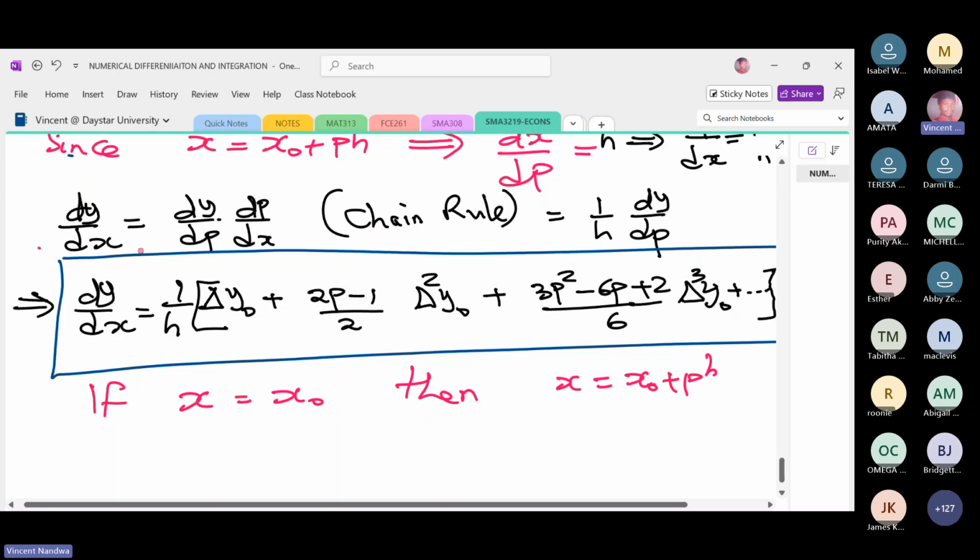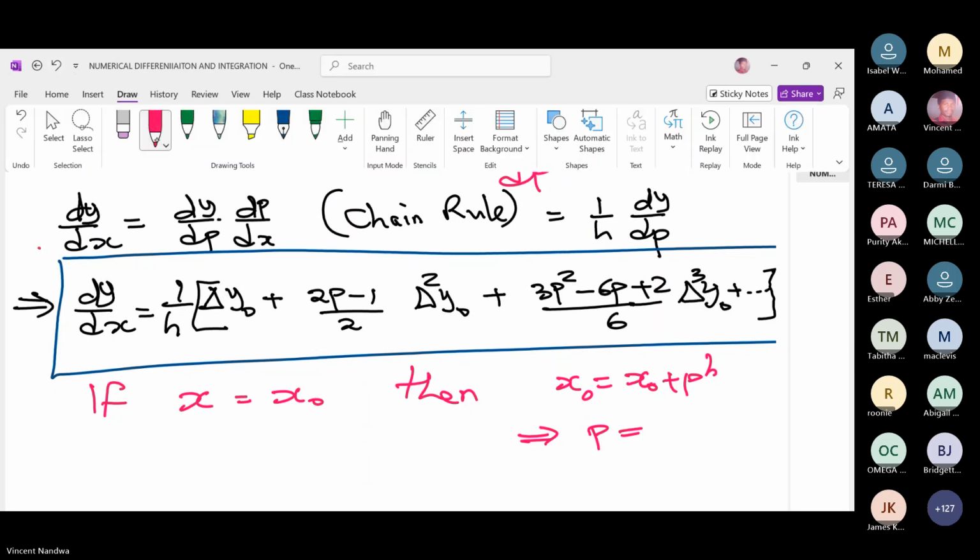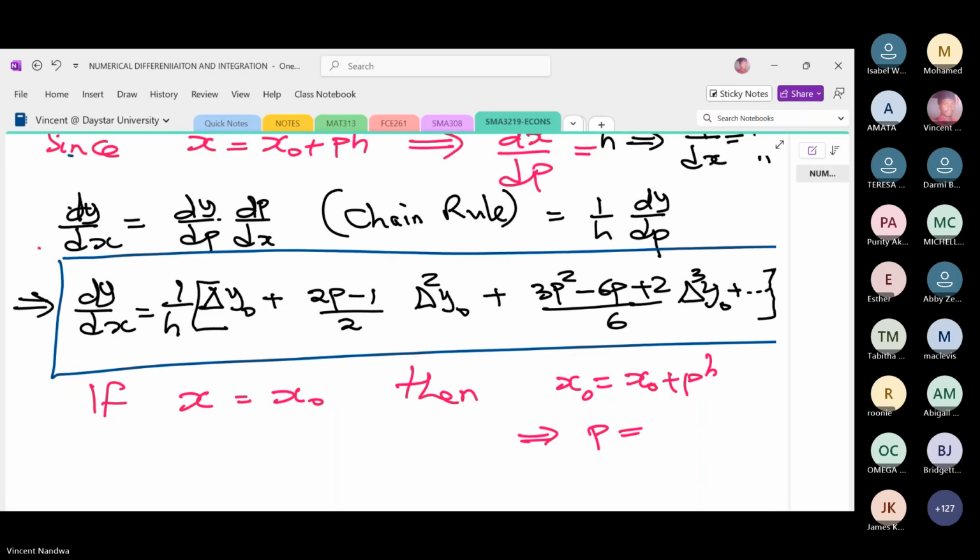So when I replace x by x naught, solve for p when x naught equals x naught plus ph.